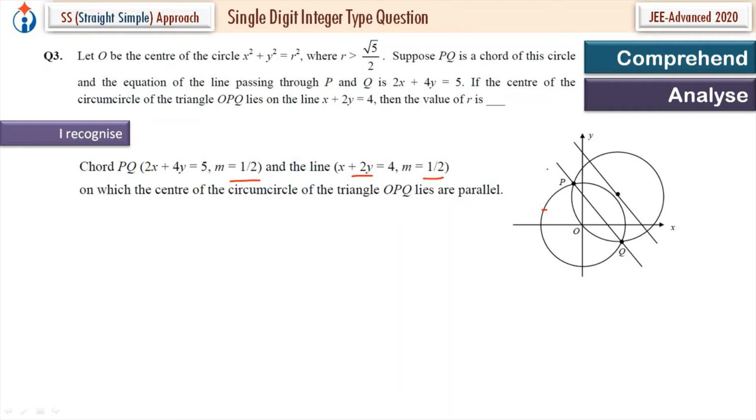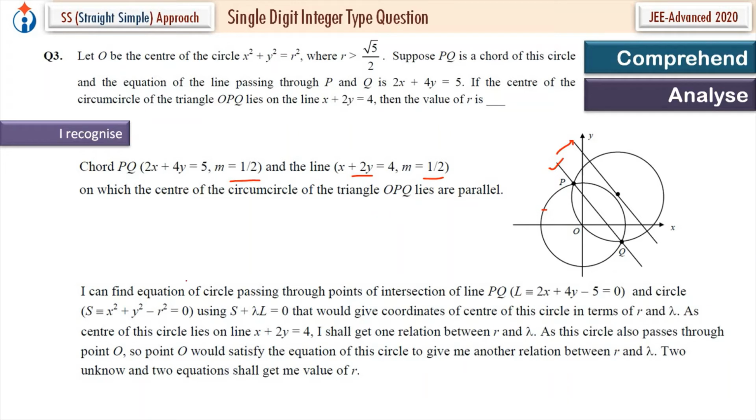And this line, I've plotted this, 2x plus 4y equal to 5, the point P and point Q. And this line, now if you check, y-intercept for this is 5 by 2, and for this is 4. So this is here, right? So we draw the picture. So we have the location of that.